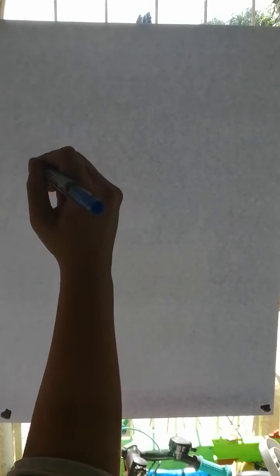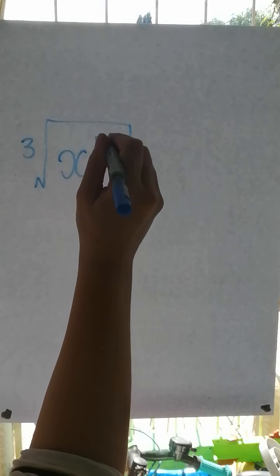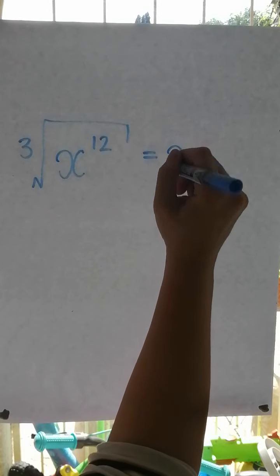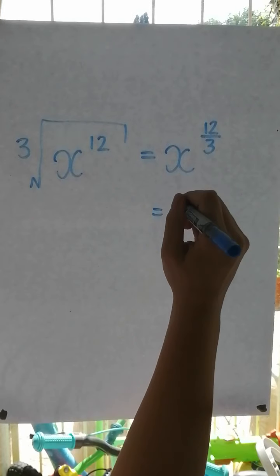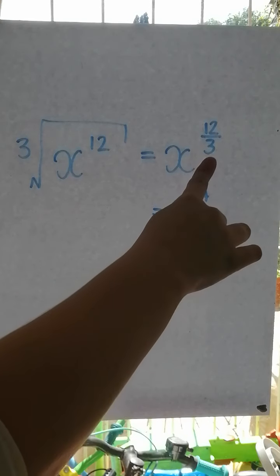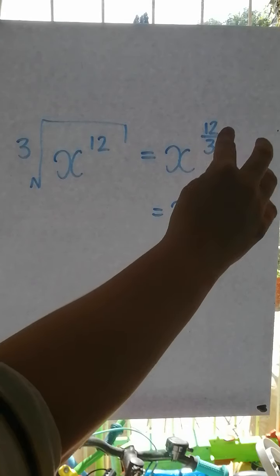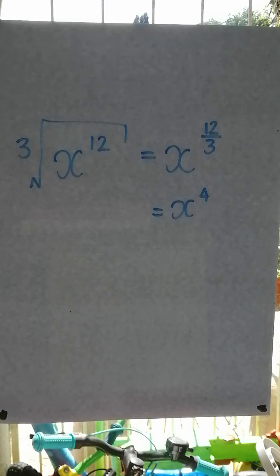Let's think about the cube root of x to the power of 12. How can I write this as a power with a fraction exponent? Well, it's x to the power of 12 divided by 3, which ends up as x to the power of 4. The denominator belongs to the root sign, and the numerator is the base's power.